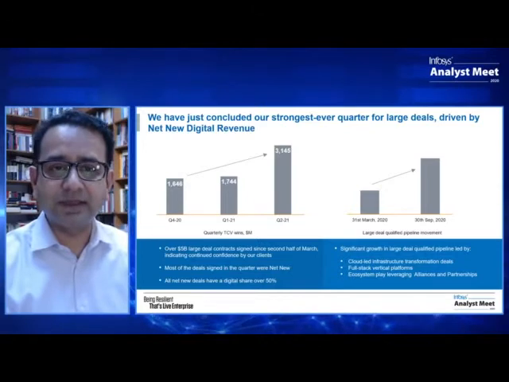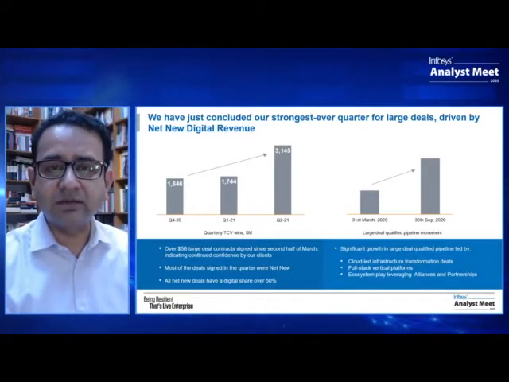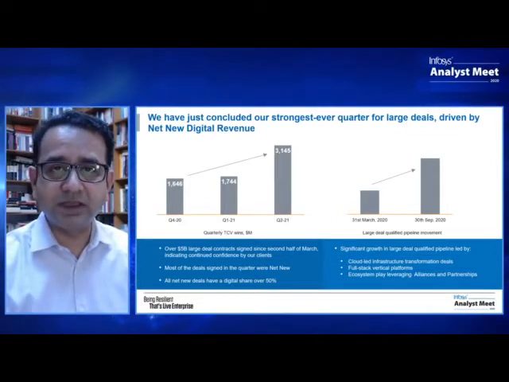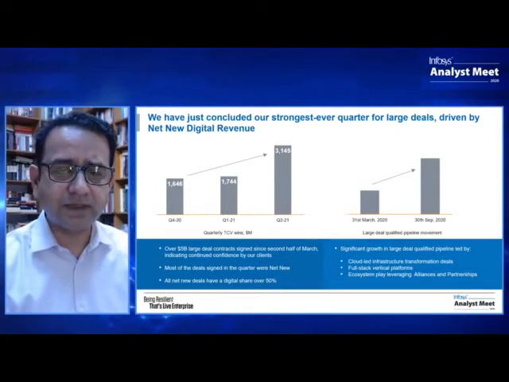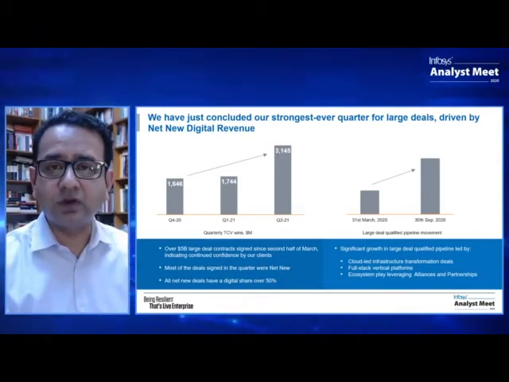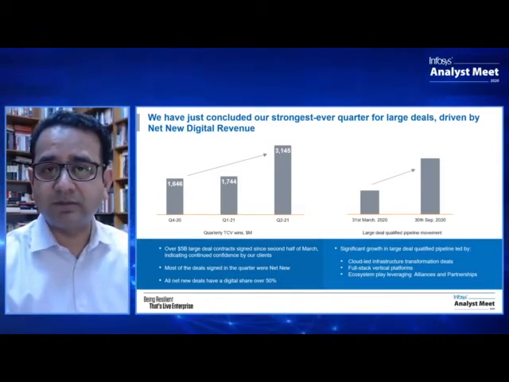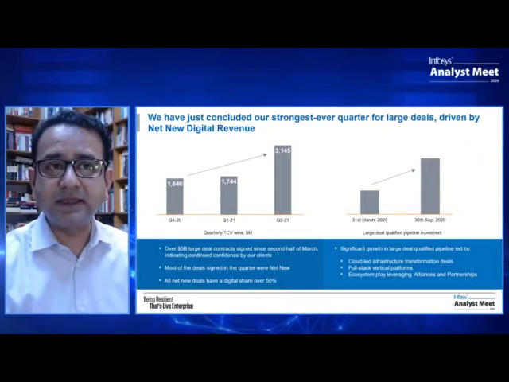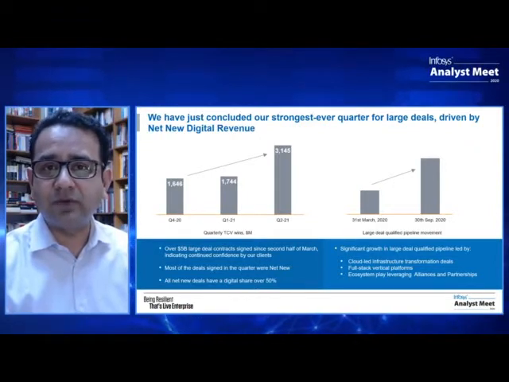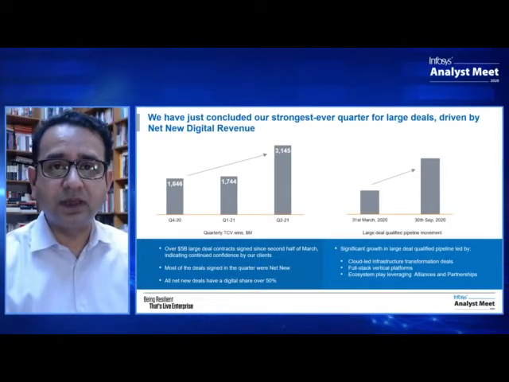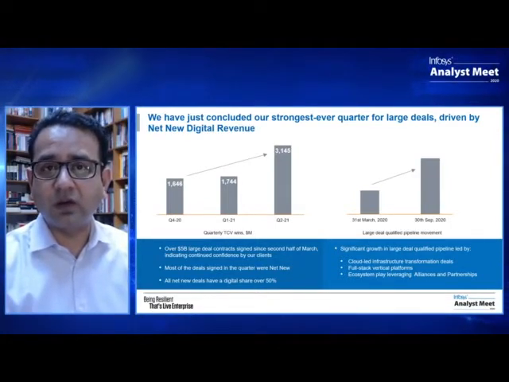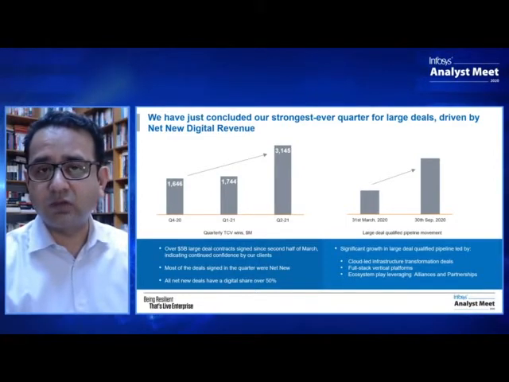As you will see from this slide, we've had significant acceleration over the past few quarters and the past few years from a large deals perspective, specifically from a 2021 perspective, FY 2021. Just in the first half of the year, we've delivered over 3 billion in net new deals and close to 5 billion in overall large deal volume.